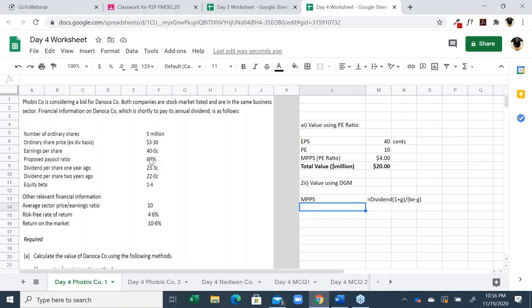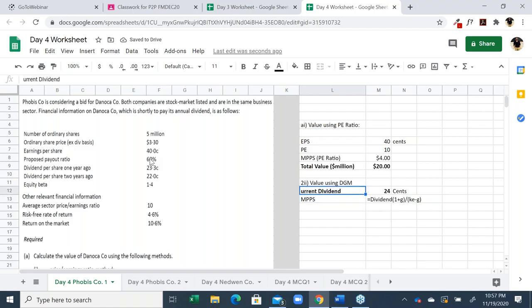So we can say the current dividend will be 60% of the earning per share, which is 40 cents. So it's 24 cents. That's going to be the dividend which the company will be paying, 24 cents.